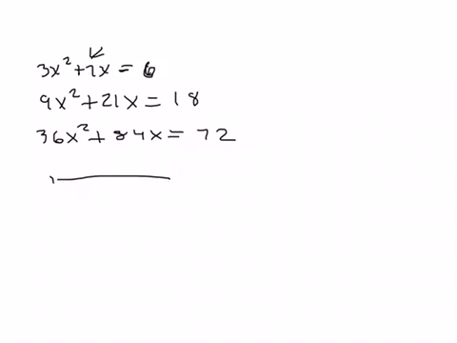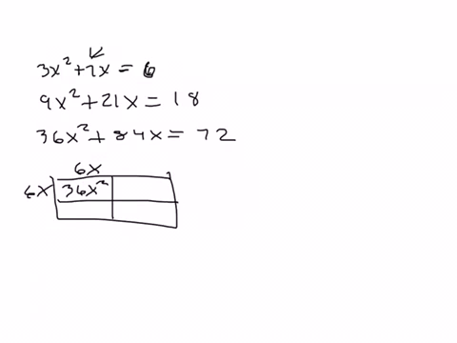So making our box, I get 36x squared here, which is just 6x and 6x. I get 84x, which means I'm going to divide that into two nice pieces, which is 42x, 42x. What did I have to multiply 6x by to get 42x? I had to multiply it by positive 7. So in other words, this is going to be 49.